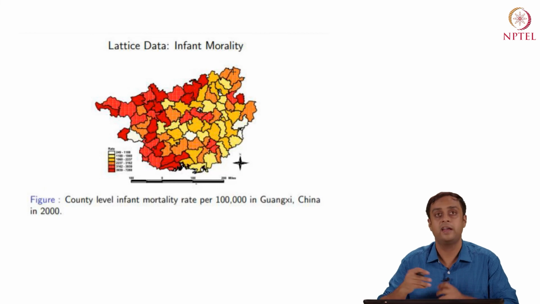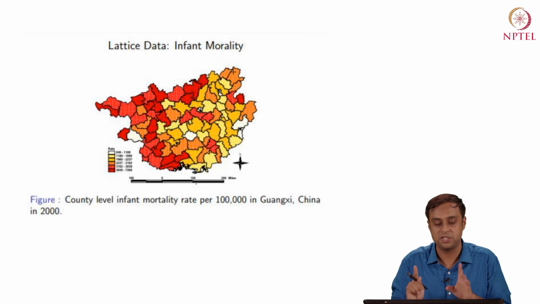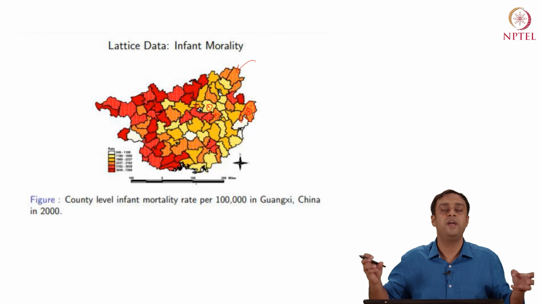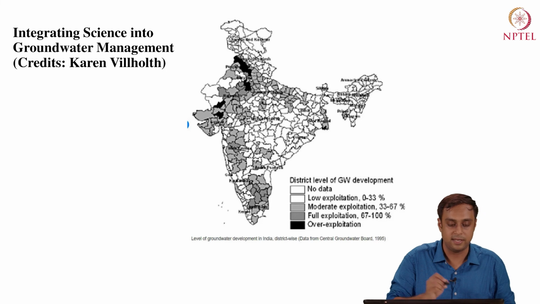What you see here are irregularly shaped, but fixed and given administrative units, that are districts in this region, where you can observe the infant mortality rate. Within a given fixed region of observation, you do not observe different levels of infant mortality. You have one level which is given at its center of mass. So you basically have discrete centers of mass where you can observe data. This type of data set is called lattice data.